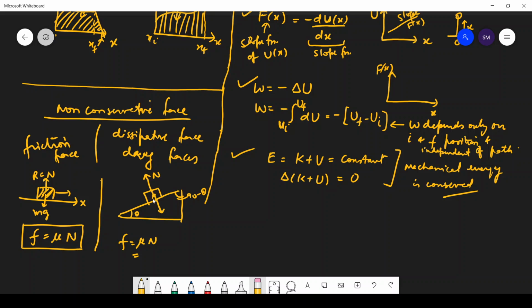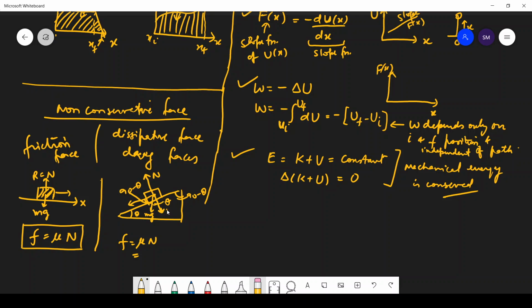So this is a component of mg. So this is your mg, and I told you that this angle will be theta. Why? Because this angle and this angle are corresponding angles. So this angle is 90 minus theta, and this whole angle is 90, so the remaining angle is theta. And what is this component? This is adjacent, right? mg is hypotenuse.